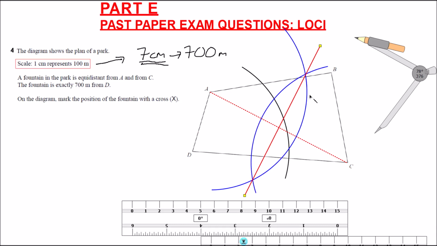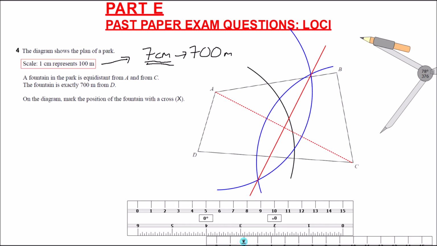That red line in solid fill is the set of points which are at an equal distance from A and C. So we want it to be exactly 700 metres from point D, as well as this fact. Exactly 700 metres from point D was this red curve.